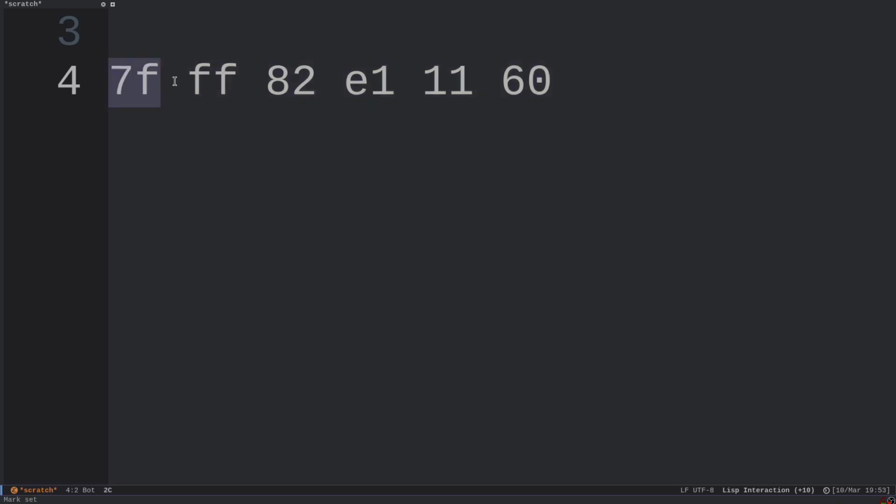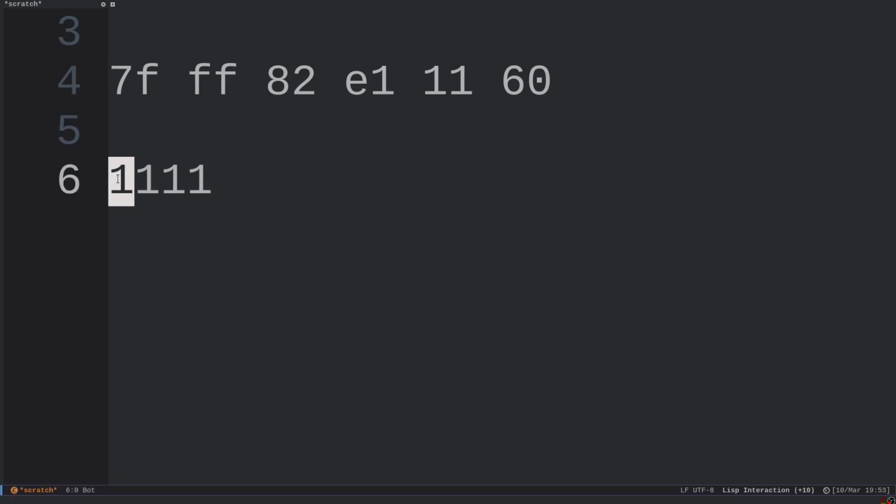So this 7f is a single byte, this ff is a single byte. If we want to understand the binary of each of those bytes, we can just split them up in sequences of 4. So here we have 4 bits to represent 7, here we have 4 bits to represent f. Now in this case, f is literally 1, 1, 1, 1, all 4 ones.